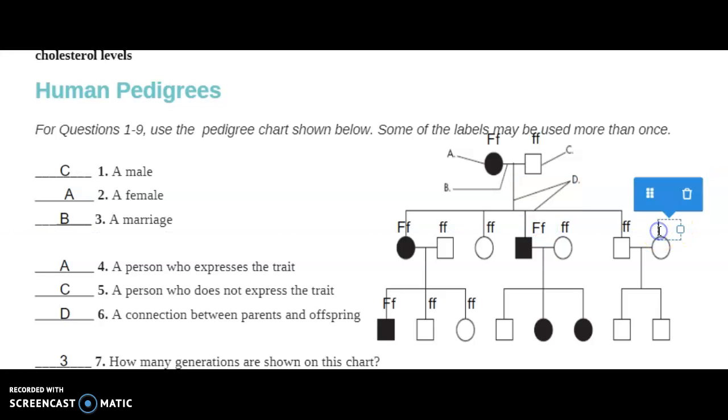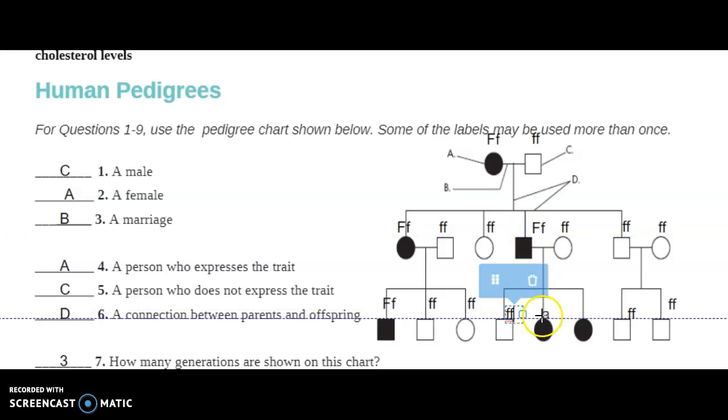This person is recessive, so little f, all their offspring, all they have to give are little f's, and they're both showing the recessive trait, so they all have to be little f, little f. Okay. This one we know would also have to be little f, little f. This one would have to have a big F because it's showing the trait, but then Mom here could only give a little f, so it has to be big F, little f. And same for this one, big F and little f.